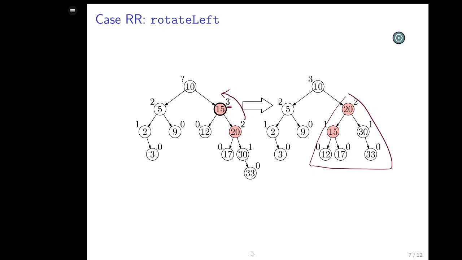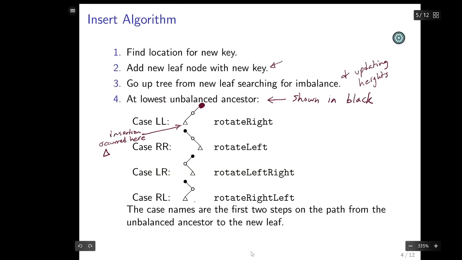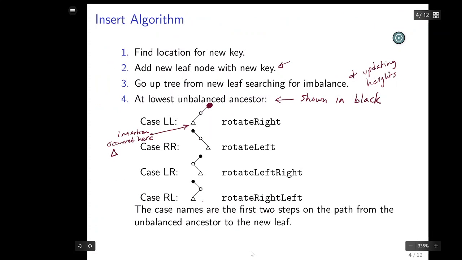Correct. That's right. That's what those little pictures mean. These little pictures are just talking about the first 2 edges coming down from the imbalance node. Not from one of the insertions. It could be more than 2. Right, that's why this is like a little triangle. It's supposed to represent the fact that that insertion occurred somewhere in that subtree.